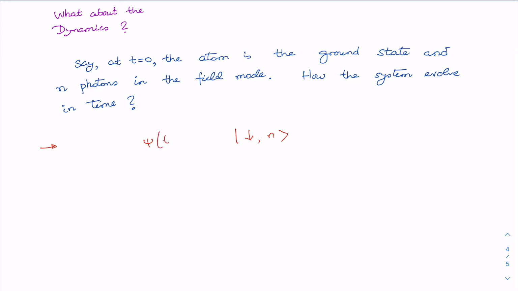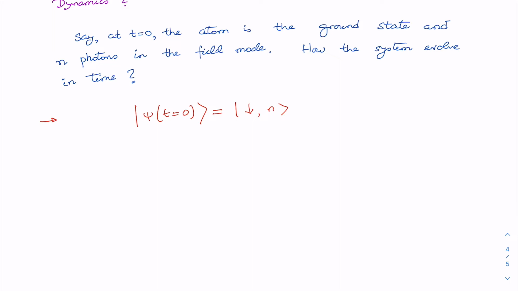This is what we have prepared at time t equal to 0. So this is the state of the system. Now our goal is to find out the state at some arbitrary time t.